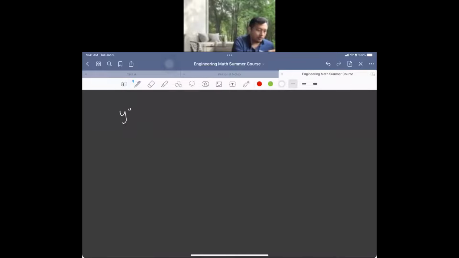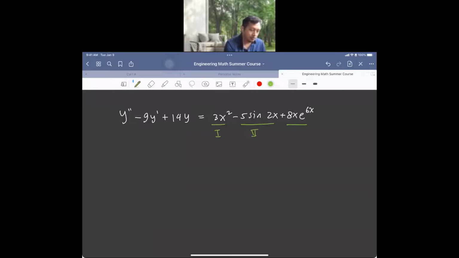If we have y double prime minus 9y prime plus 14y equal to, let's say, 3x squared minus 5 sine 2x plus 8x e to the 6x. Okay. So when we have this kind of structure, what we are going to do is break down the non-homogeneous part. So we break it into 1, 2, 3.